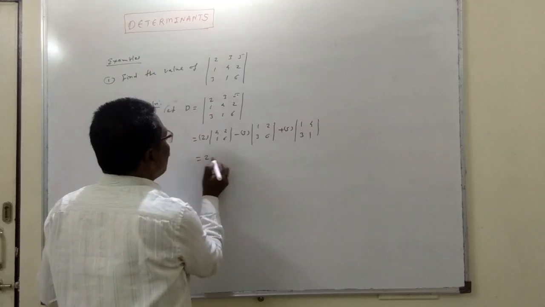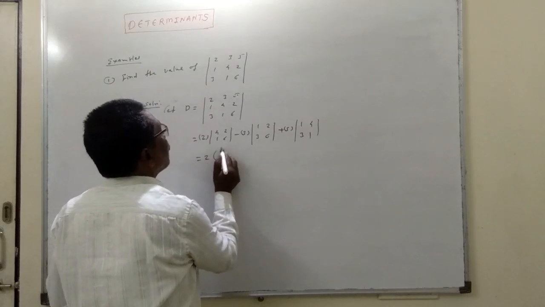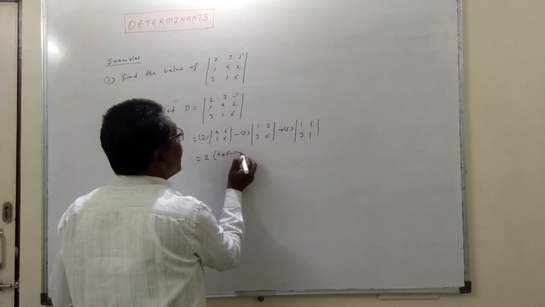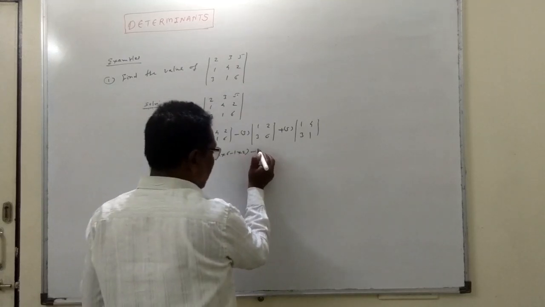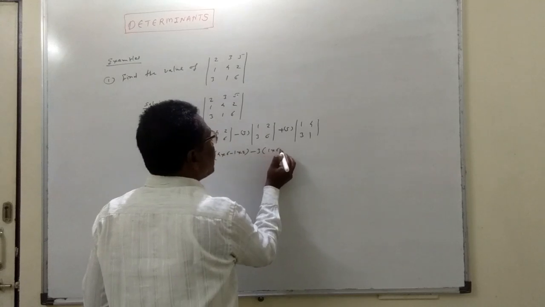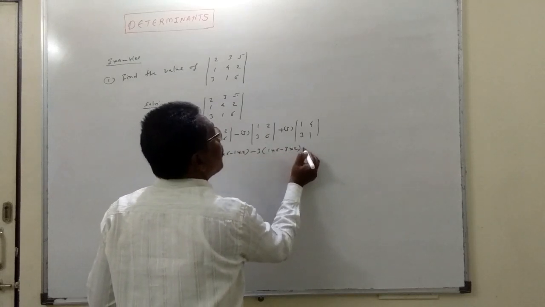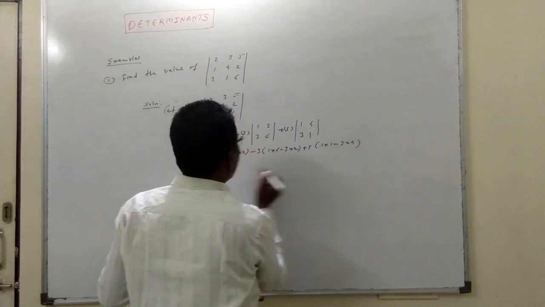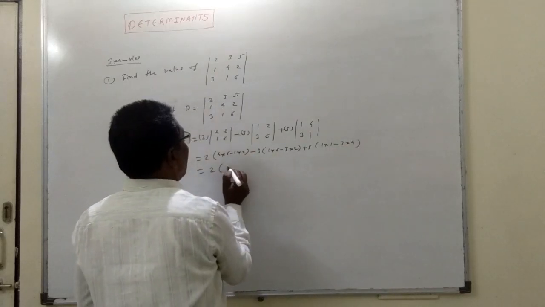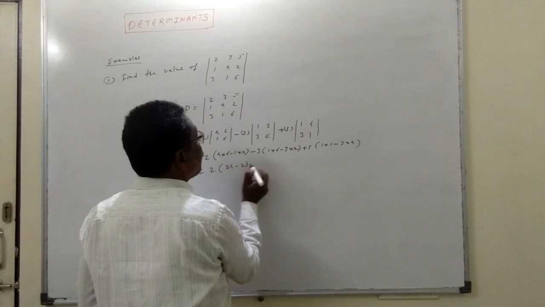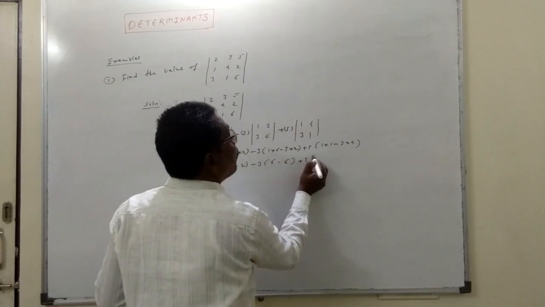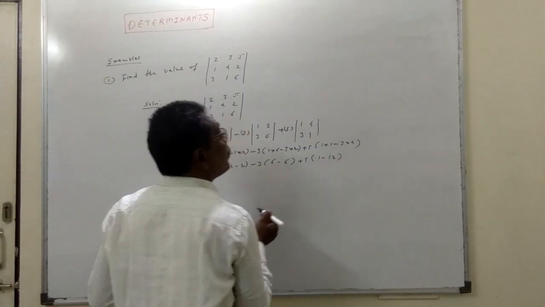So that is equal to 2 into (4 into 6 minus 1 into 2), minus 3 into (1 into 6 minus 3 into 2), plus 5 into (1 into 1 minus 3 into 4). So that is equal to 24 minus 2, minus 3 (6 minus 6), plus 5 (1 minus 12).